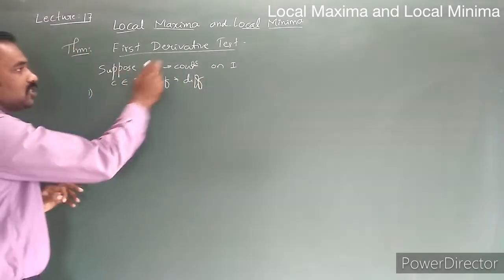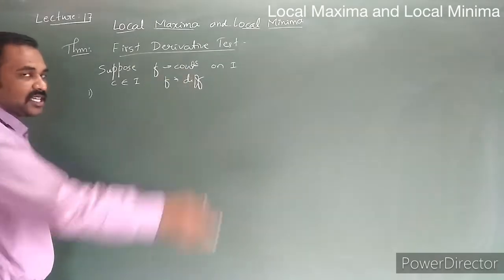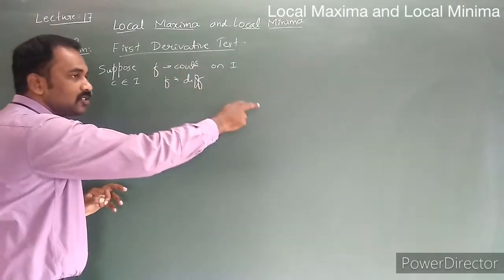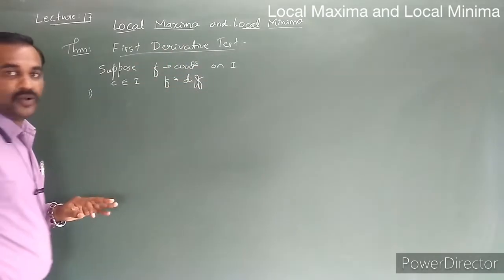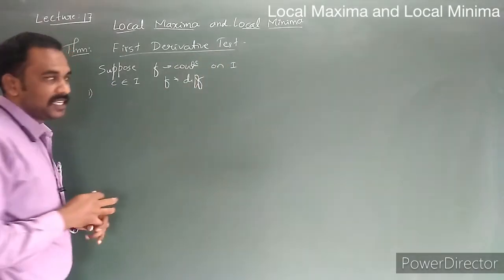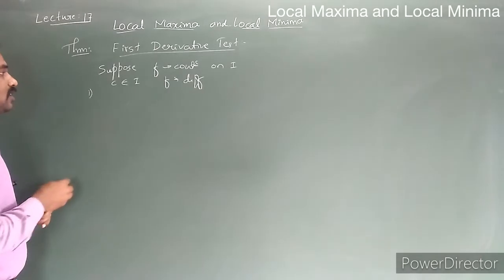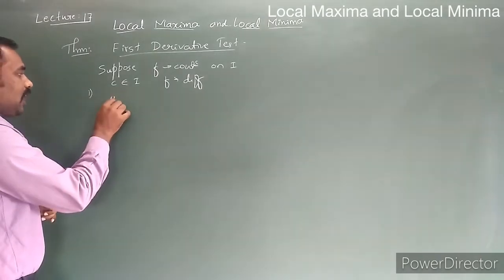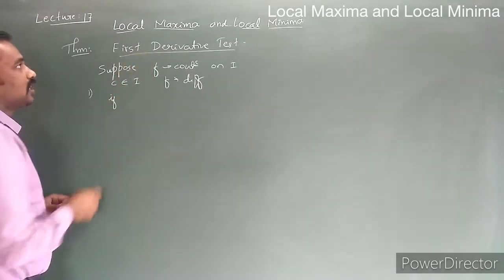Suppose f is continuous on a closed interval and differentiable on the open interval. Then there exists a point c belonging to the interval I. Here I need to come to know the local maxima.